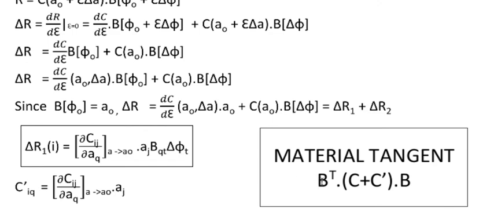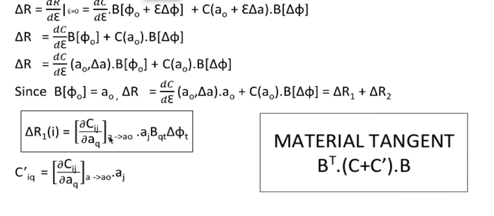So this is the relationship which we simply add to the already given delta R2 term, and what we get is B transpose C plus C dash B. So that delta A which has come out from here is actually written over here as B delta phi.